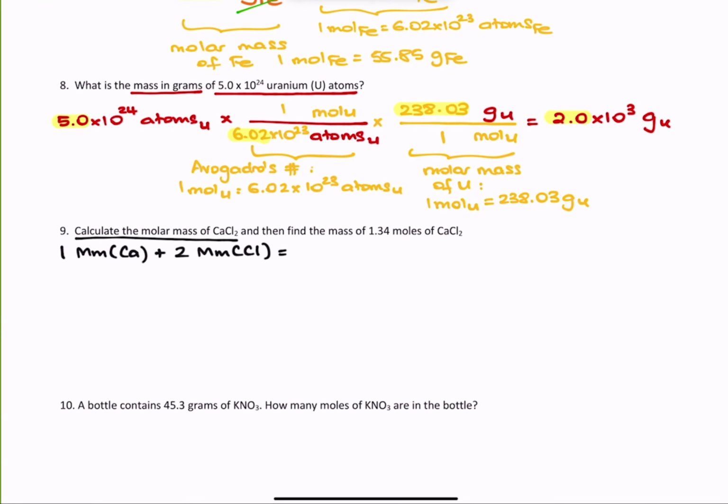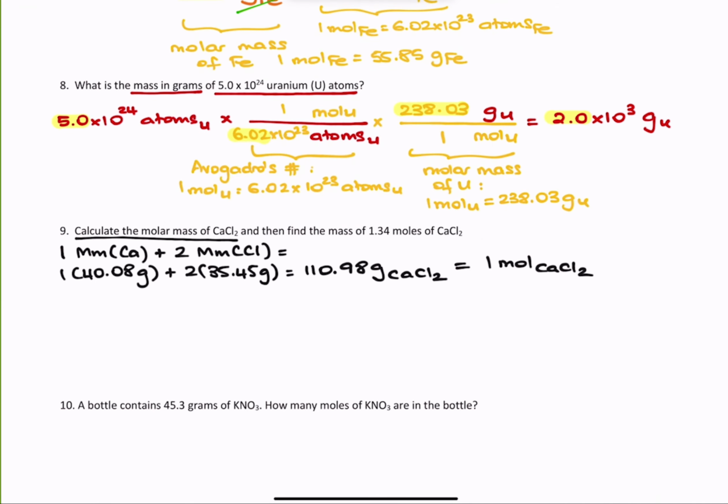This is going to be equal to 1 times 40.08 grams plus 2 times 35.45 grams. Therefore, the molar mass of calcium chloride is 110.98 grams of CaCl2. This is the mass in grams of 1 mole of CaCl2.